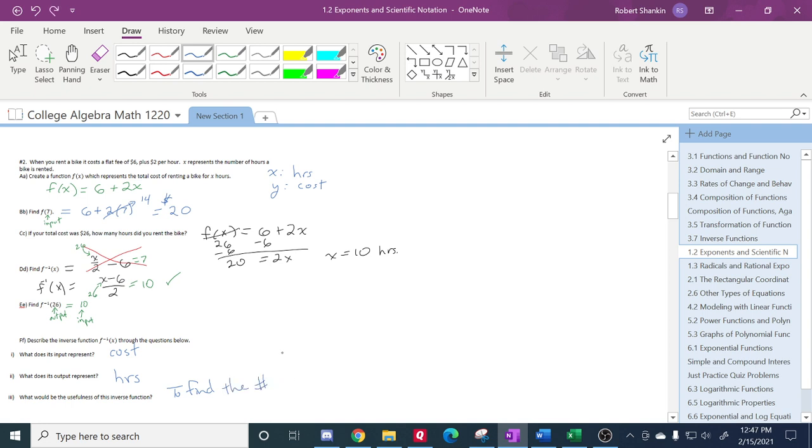You can rent a bike if you only have a little money, or you decide you only want to spend this much. So, I only want to spend $26, or I only have $26. How long can I rent the bike for? I can make sure I'm going to return the bike by 10 hours.